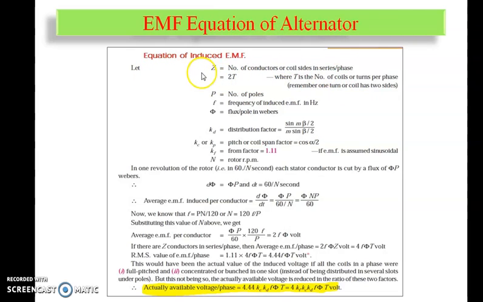So let Z equal the number of conductors or coil sides in series per phase. Total Z is nothing but the total number of conductors, equal to 2T, where T is the number of coils or turns.